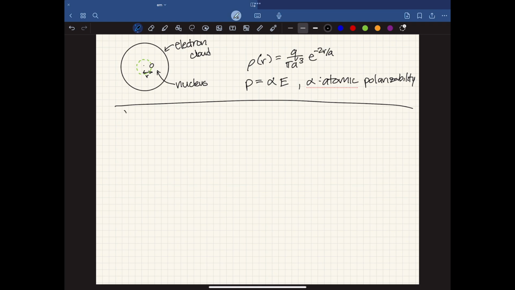Gauss's law is the integral of E dot dA equals Q enclosed over epsilon naught. The electric field for this Gaussian surface is constant, so we can take that out. The integral of dA is just the surface area of our Gaussian surface, so that is 4 pi r squared.